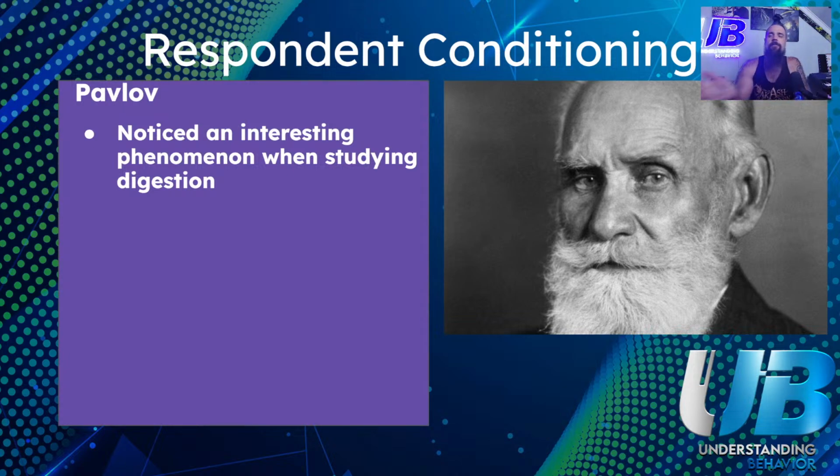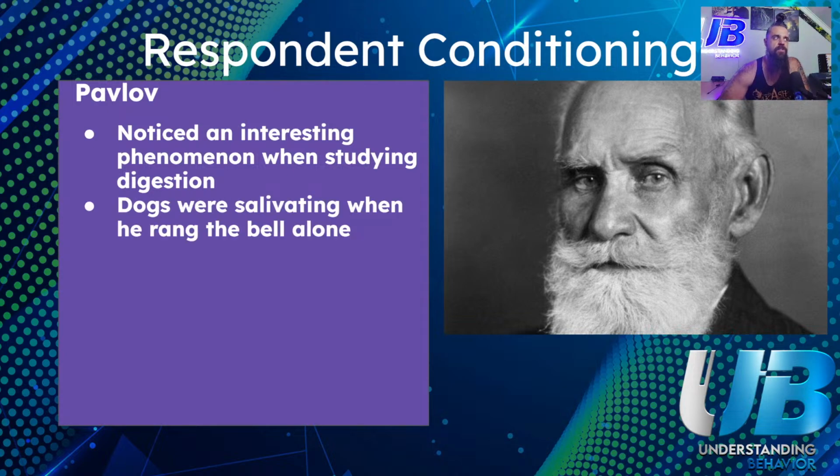But he's before even Skinner's day. So he's a really old guy. Pavlov was more of a nutritionist, and he was studying digestion, particularly in dogs, and noticed a really interesting phenomenon.